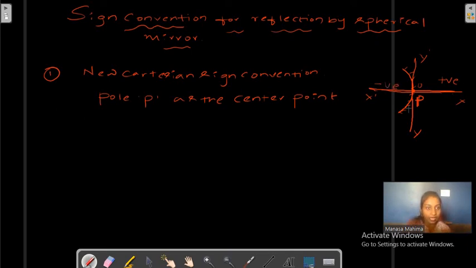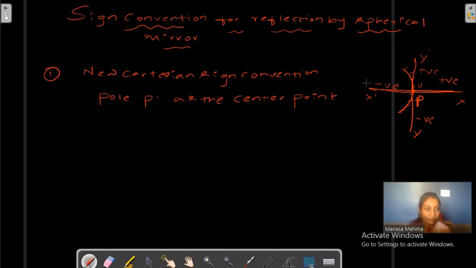We know that. And in the y-axis, if we go up, we see the positive y points, and if we go down, we see the negative y points. The same thing we have to apply here also. We have to consider the pole to be the center point.